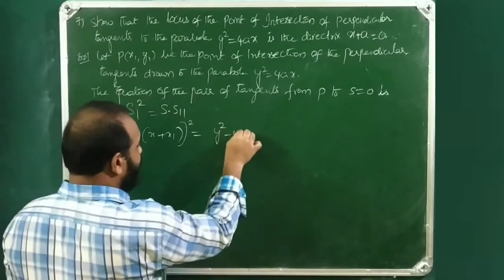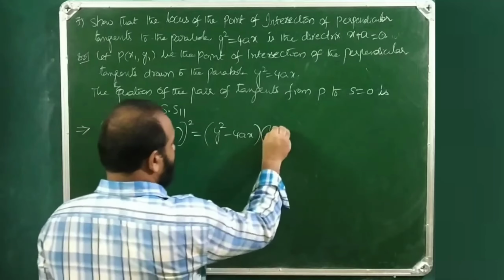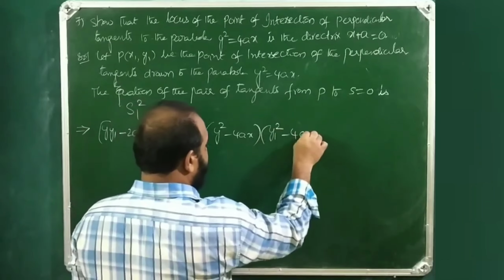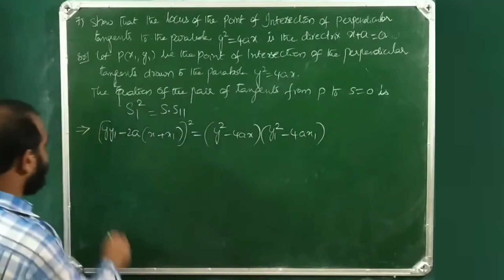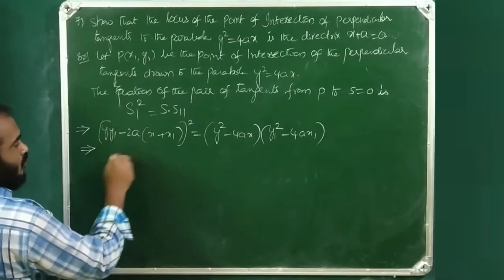So y square minus 4ax into S11, which is y1 square minus 4ax1. This is equals to (a minus b) whole square, a square.